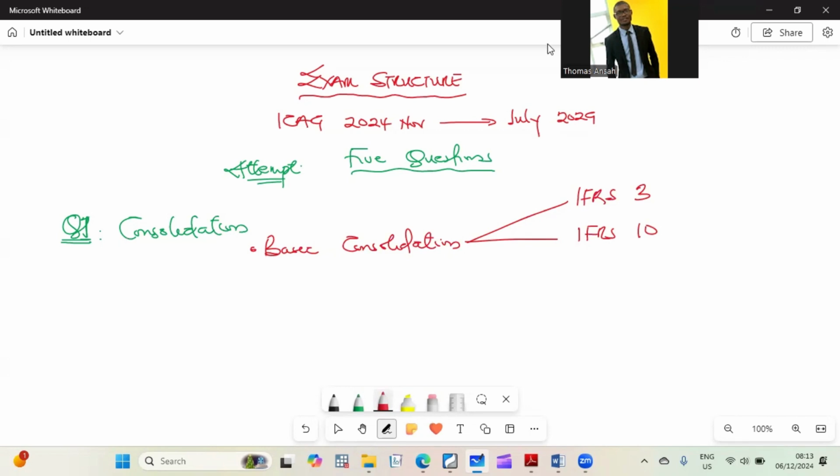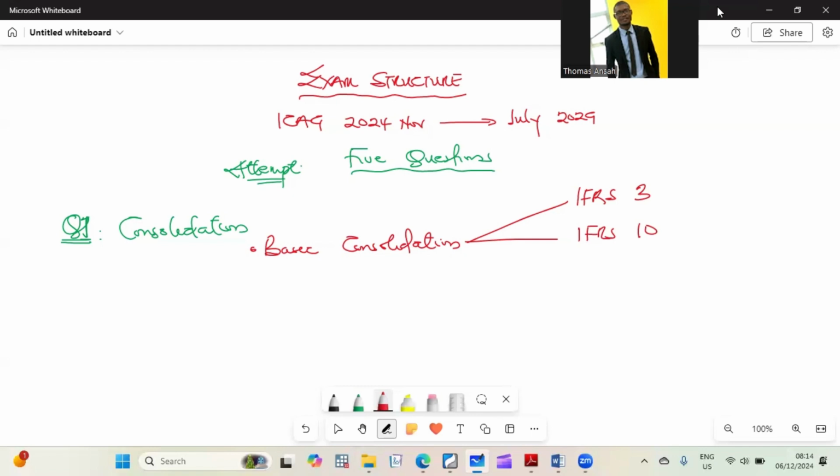So we will do them. In the basic consolidation, we will try to understand what consolidation is all about and do the examiner's tricks, the adjustments. It is always the same.